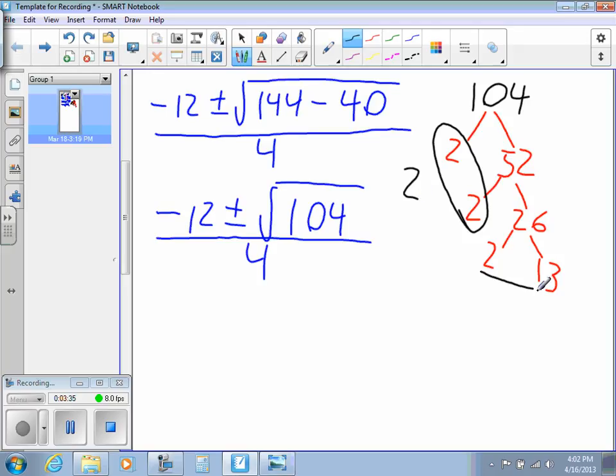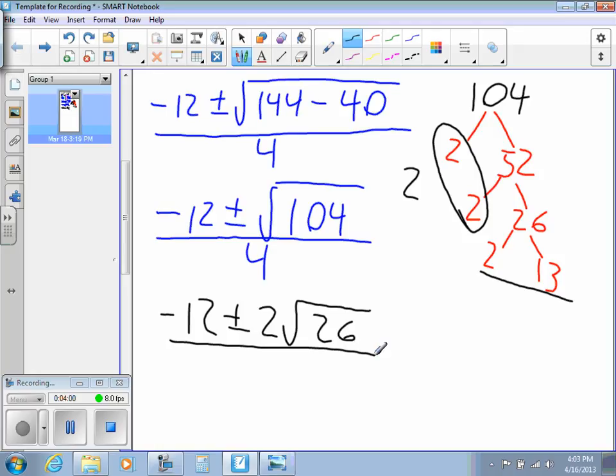And then this stuff's going to be left inside of the radical. So now I have negative 12 plus or minus 2 times the square root of, and 2 times 13 is 26. And all of that is over 4.